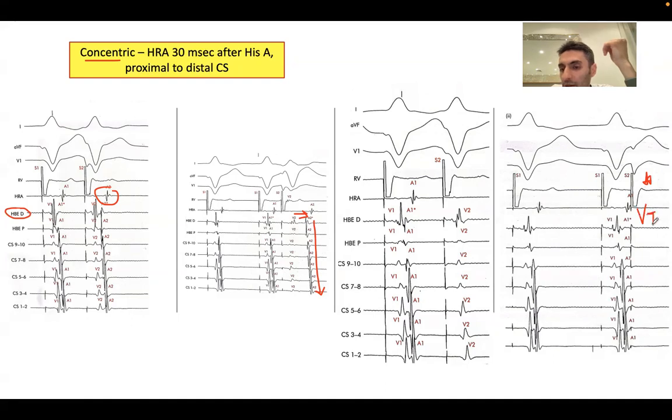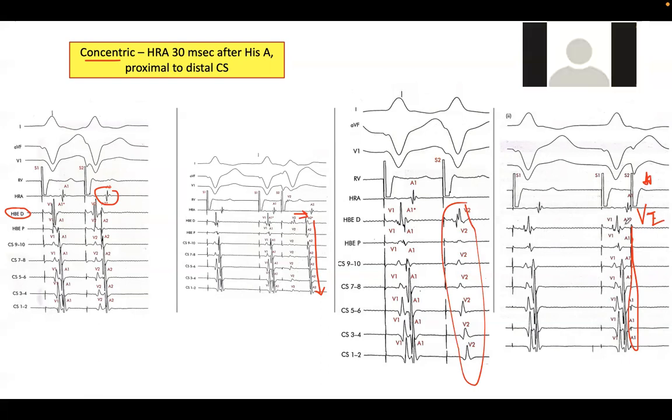Did it capture or not? No, it did not capture. I think it's refractory, the ventricular tissue is refractory, meaning it did not capture. There are no V signals, no pacing spikes. I thought the one on the ECG looks like VA block. This is VA block. Yeah, this is ventricular ERP.